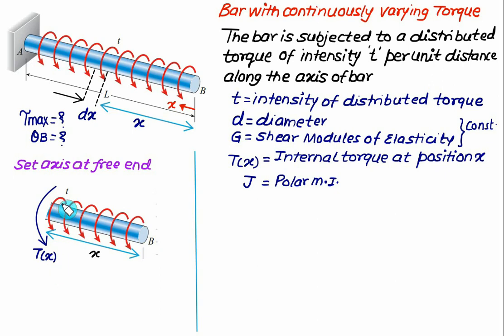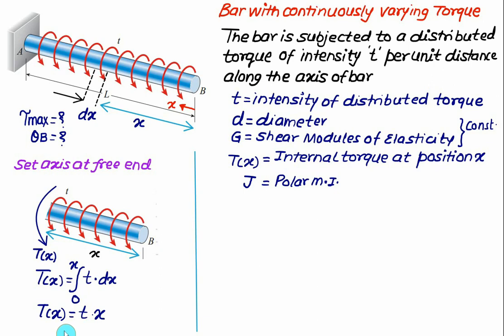The value of the torque intensity remains constant, so we can calculate Tx, the torque at position x, by integration of t dx, taking the shaft length from 0 to x. So at any distance x we have the torque Tx equal to t times the integral of dx, which is x, upper limit x minus 0, so it is t multiplied by x.